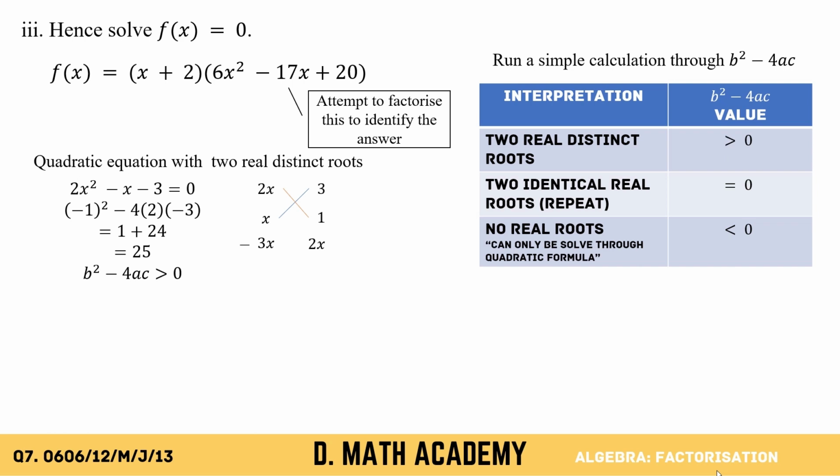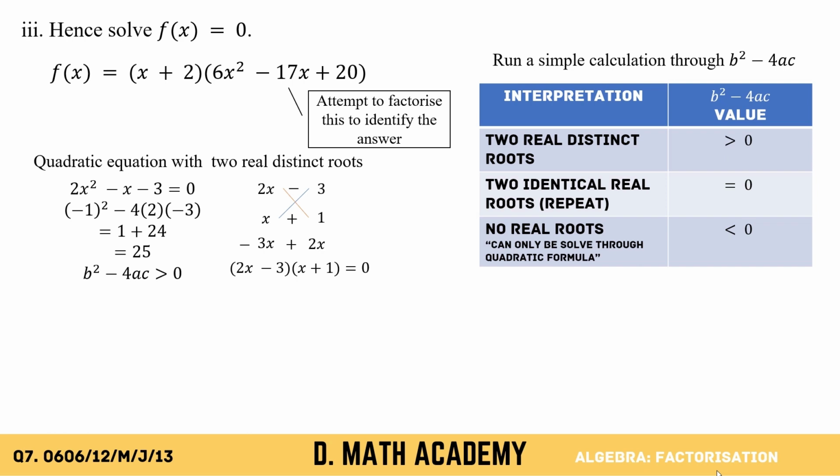So I put negative at the 3x side, and then I put plus 2 at the end so that I can adjust it and make it negative x. So transfer the negative to the top and then plus, then I will get two factors here, which are 2x minus 3 and x plus 1.